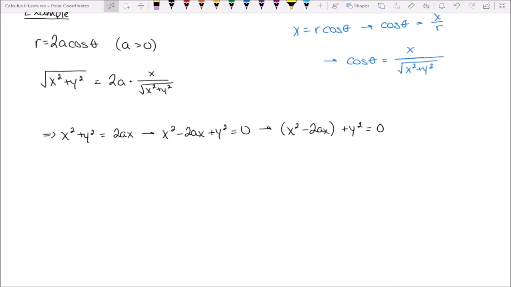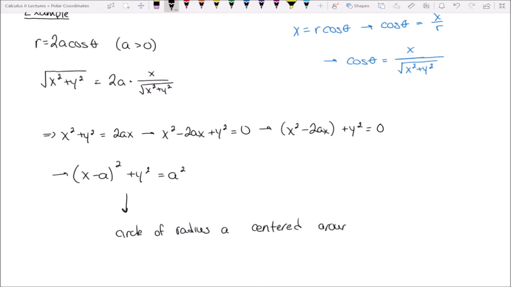If we go ahead and complete the square, we get x minus a squared plus y squared is equal to a squared. Well, notice that this is a circle of radius a and centered around the point a, 0.